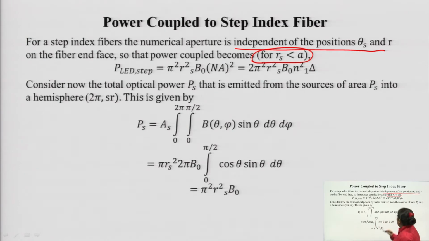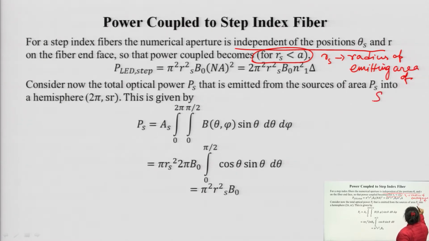Rs less than A. Rs is the radius of the source, the radius of the emitting area of the source, and A is the core radius.